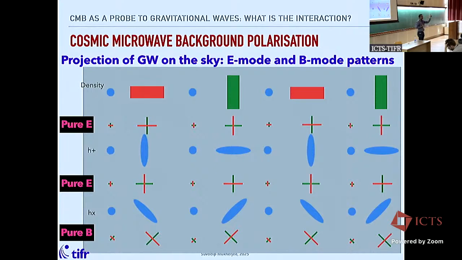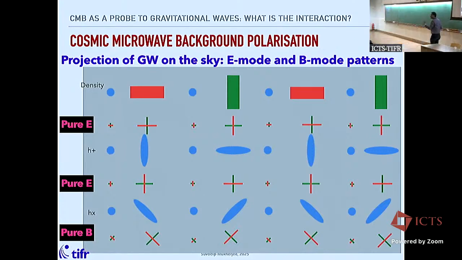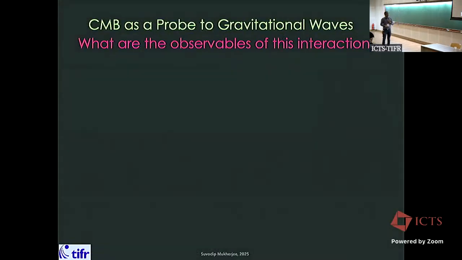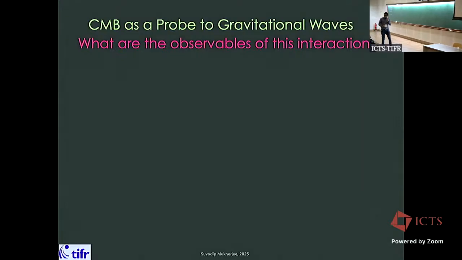And then we break it down on physics grounds, saying what is even parity and what is odd parity. That's the game we play to detect, or at least to talk about, the signature of gravitational waves uniquely on the sky. Now I have to come back and convince you this basic physics interaction can be translated to something that is an observable quantity.